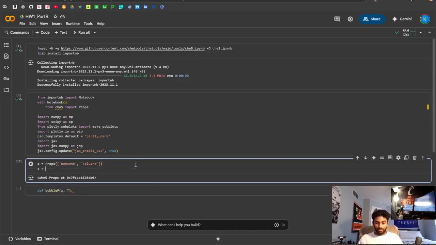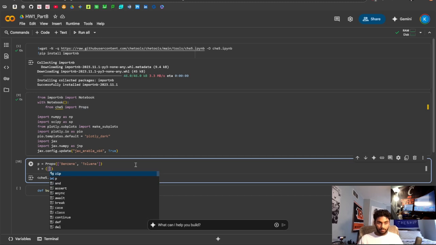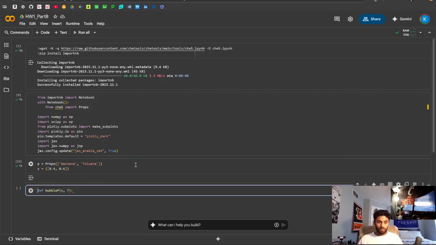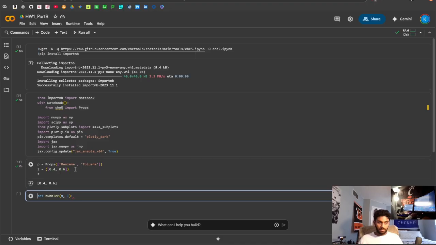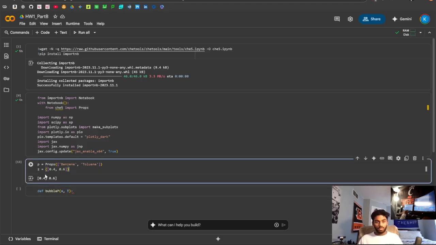So let's define that. We said earlier that our problem statement calls for, and I'll put this in an array, a 40% mole fraction of benzene and a 60% mole fraction of toluene. So now we should be able to create this array to use later on.